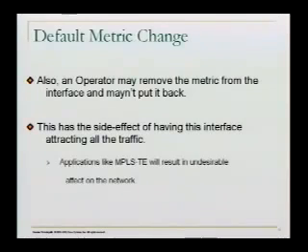At present, an operator may remove the metric from the interface or may not put it back. We have actually seen where people make human errors. You have a metric, some XYZ, and you forgot to reapply it because there was a maintenance window, something happened, and you restarted the router with a new configuration.